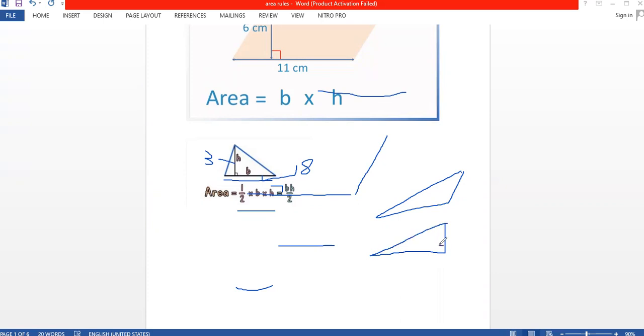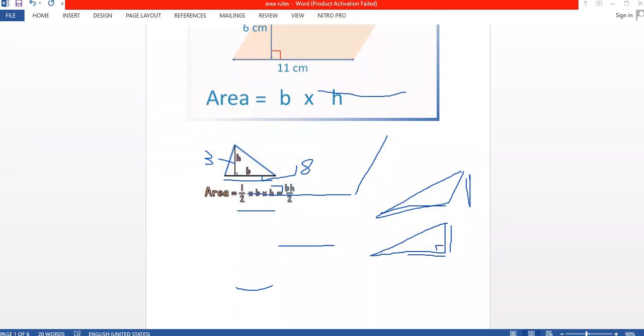Look, guys, the height here in this case is this side, and this is the base. So the height could be inside the triangle, it could be one side of the triangle, and it could be outside of the triangle. Look, in this case, if this is the base, the height could be here, because it's the perpendicular distance from the base to the opposite vertex.